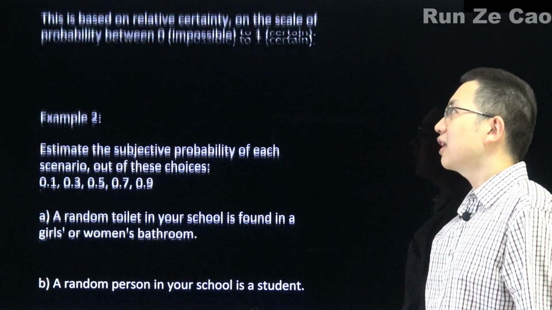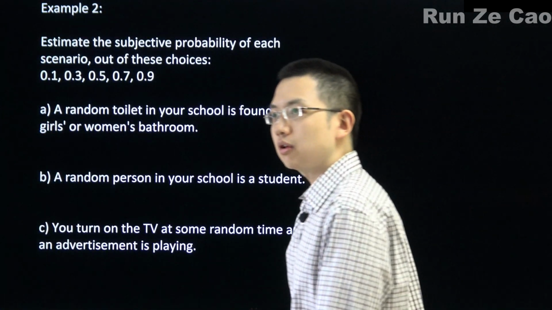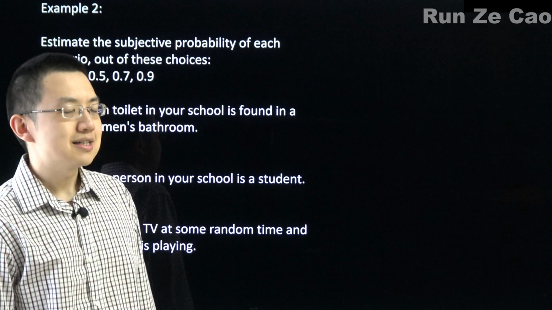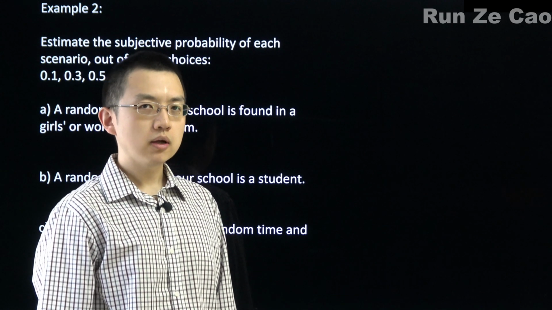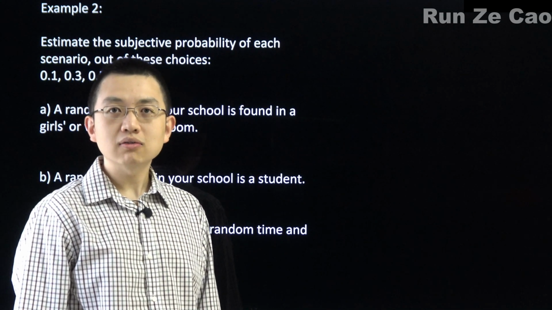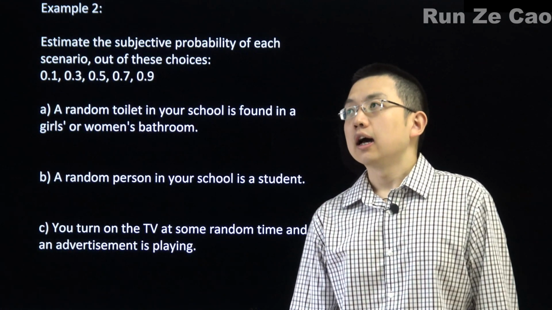For example, if somebody tells you to estimate the chance that all classes will be canceled tomorrow, you should not say 0. You should say that it's very close to 0, because it seems unlikely that a sudden event will arise that cause all classes to be canceled tomorrow. Yeah.